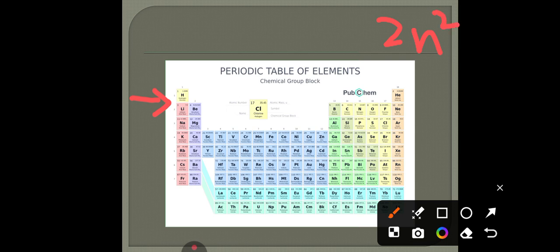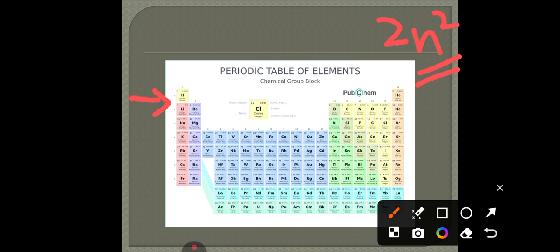This we will be learning in inorganic chemistry, and also when you talk about quantum mechanics, we'll be learning this 2n square rule. So according to 2n square, n stands for principal quantum number, which defines the number of electrons present in a particular orbit.